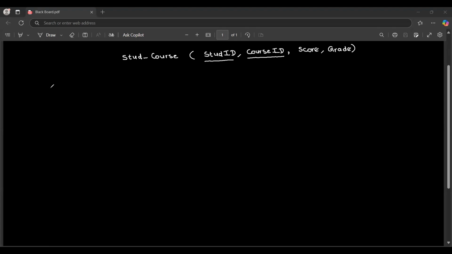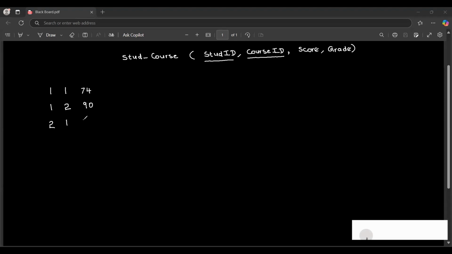For student ID 1 and course ID 1, the score is determined, say 74 marks in that specific course. The student can do another course and score more or less than 74, and another student can do the first course and get some marks.